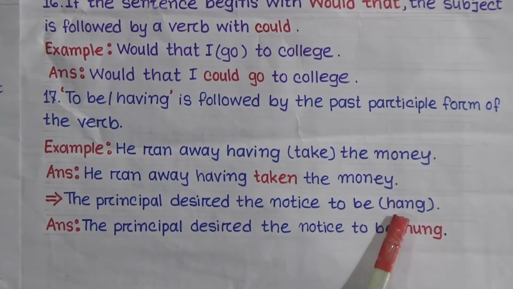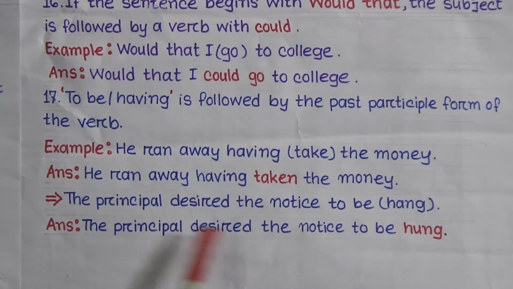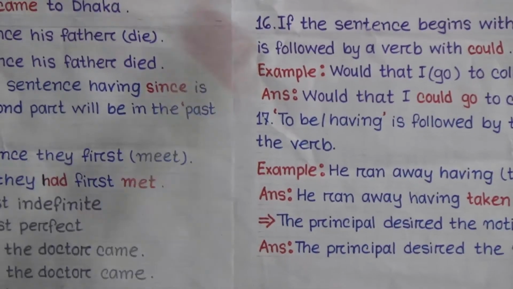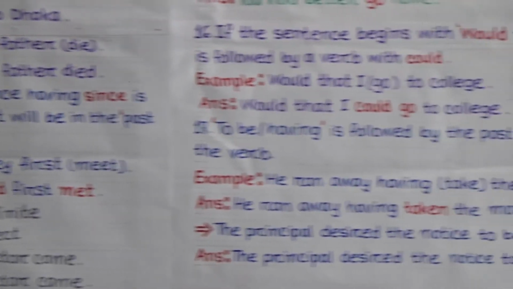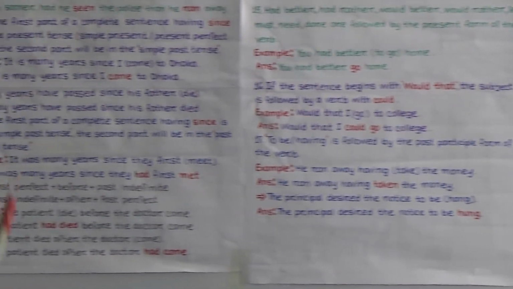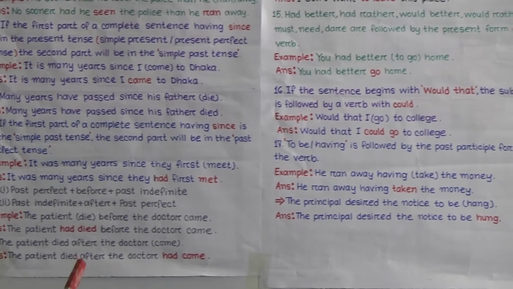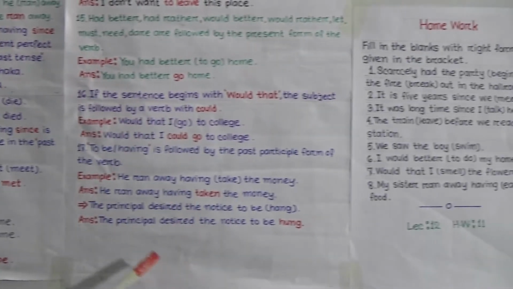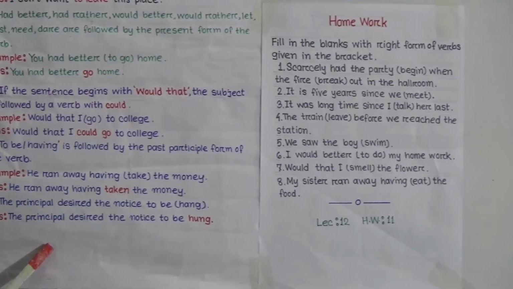The past participle form of hang is hung. The principal desired the notice to be hung. So students, that's our rule 10 to 17. I hope you can understand. It means we have done rules 1 to 17 together in lectures 11 and 12.